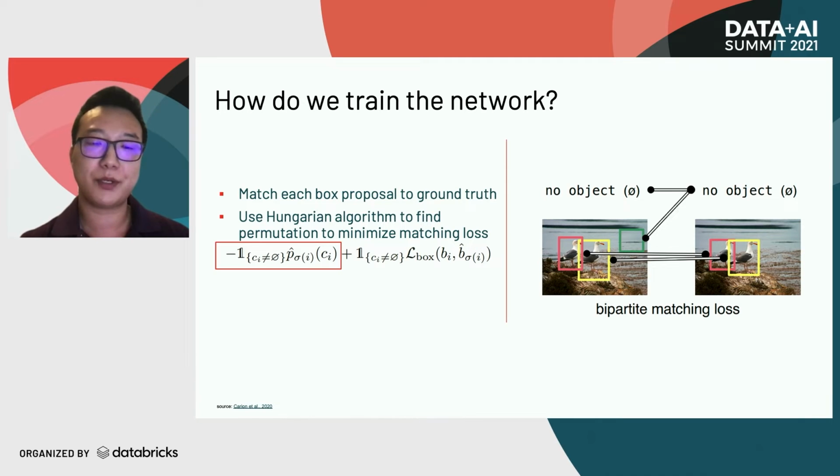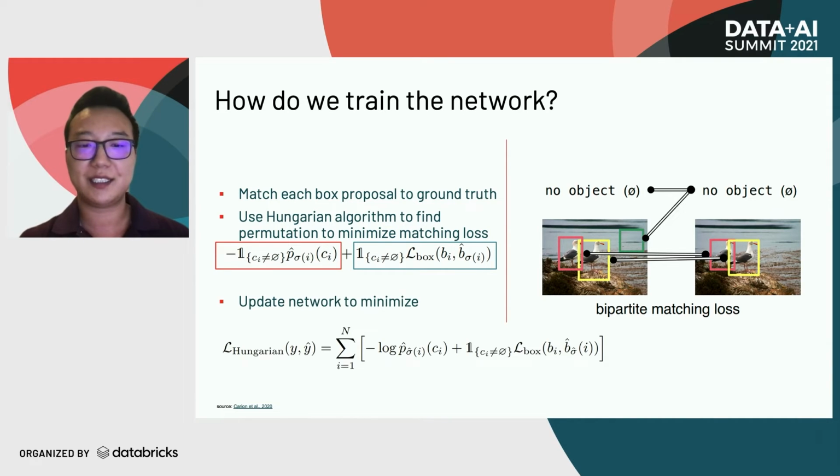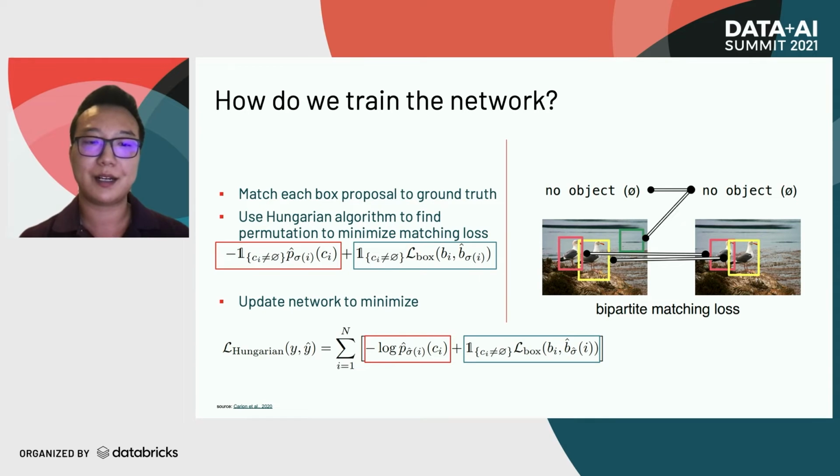The second component captures how good the bounding box is, so we want boxes that match up very well with the true bounding box. If we minimize this loss, we get a matching, and that is the matching we use to form this loss here, which has the same two components and is differentiable, so we can just use backprop to update the weights and train our network.